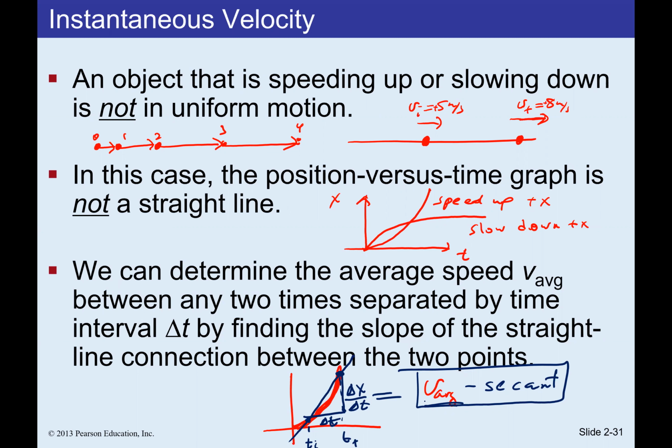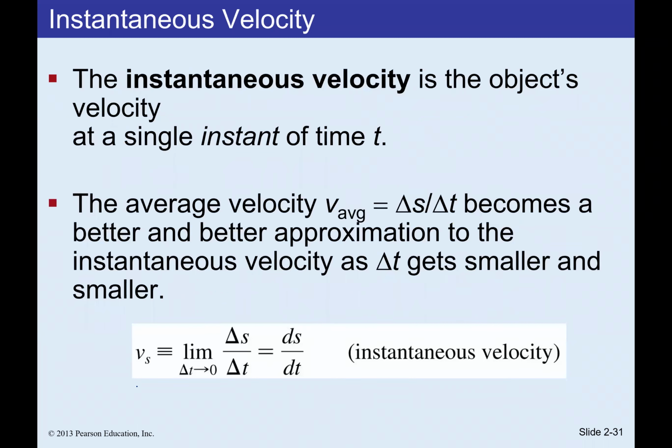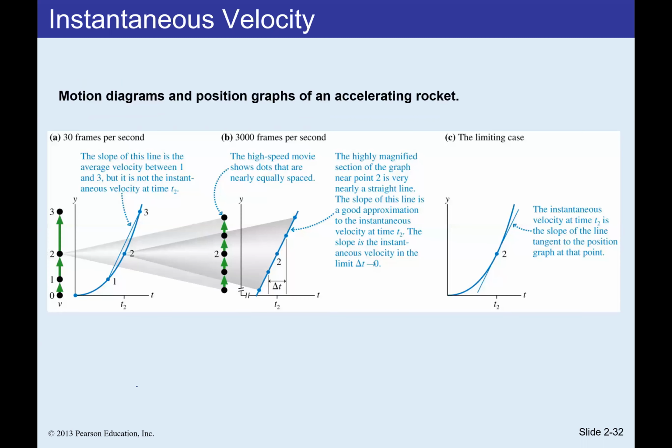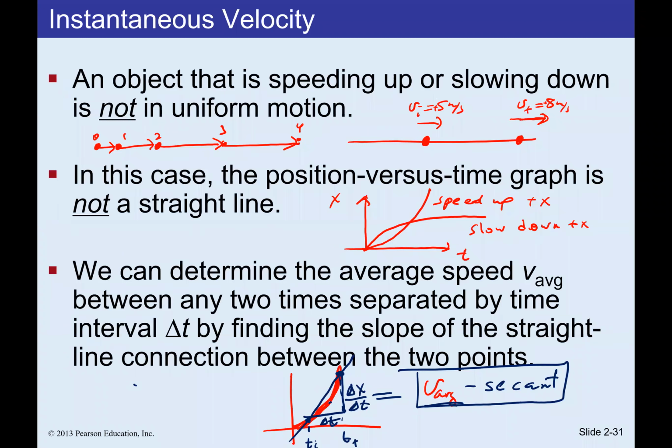Then you're also going to see that we can calculate something else, which is velocity at some instant of time. In any case, here's what we have. If I want to know the average velocity, I use that secant line. But if I want to know velocity at this instant of time, then I can do a tangent line, tangent to that point.